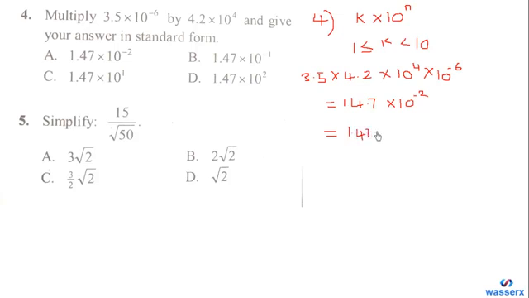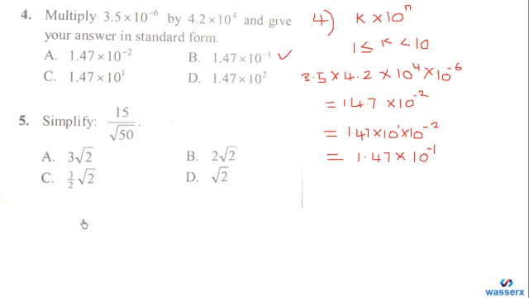Then we move the decimal point back and multiply by 10 exponent 1, then by 10 exponent negative 2. We add the exponents, so 1 minus 2 is negative 1. That will give us 1.47 times 10 exponent negative 1, which is option B.